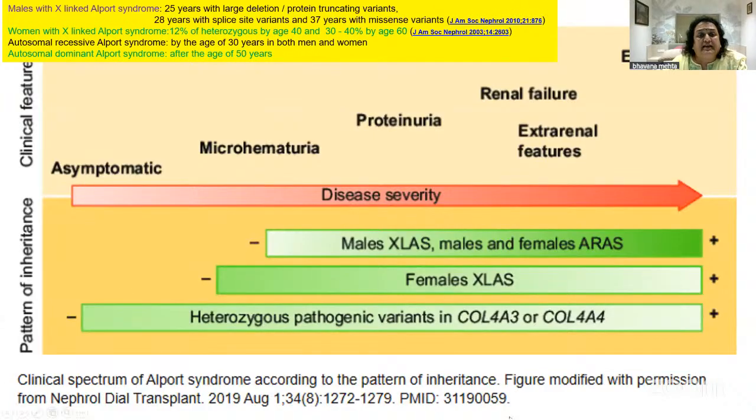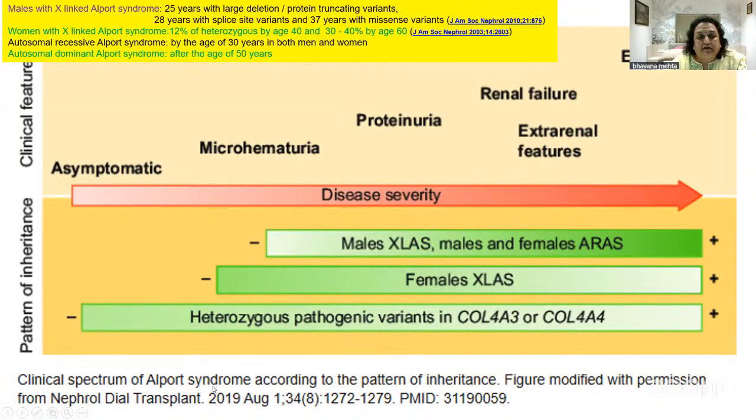This figure again shows that based on the severity of the mutation and the type of inheritance, there are varied symptoms, from asymptomatic to microscopic hematuria, proteinuria, renal failure, extrarenal features, and end-stage renal disease.